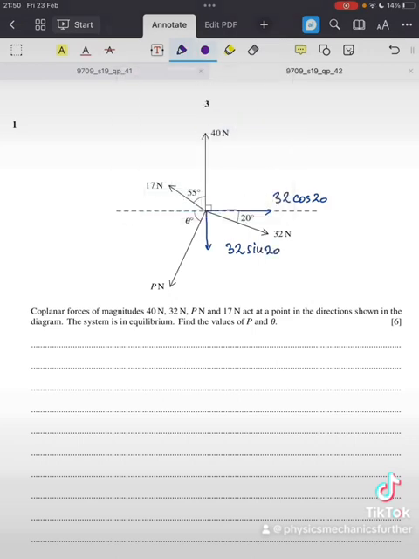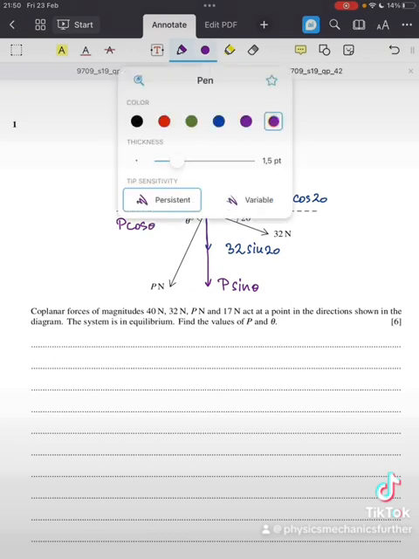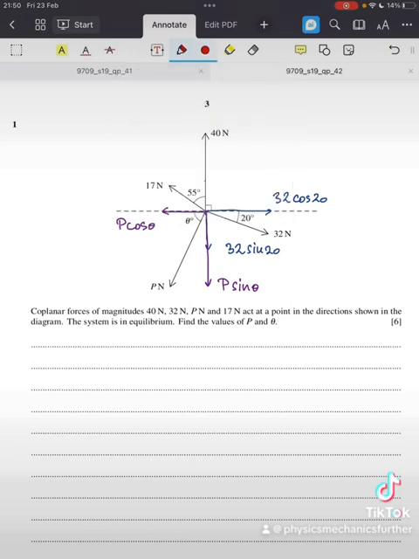Let's resolve the P newtons force, the vertical component over here, which is P sin theta, the horizontal, which is P cos theta. And now let's resolve the 17 newtons.